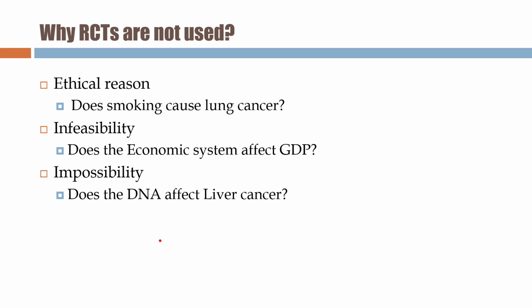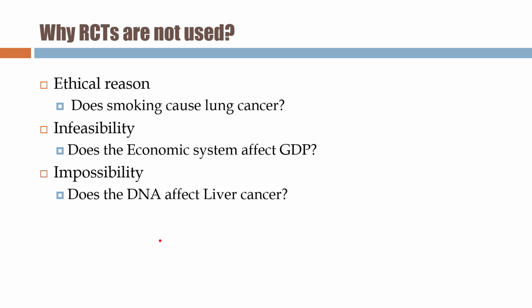That's not ethical. Another case is infeasibility: does the economic system affect GDP? You could toss a coin, and if it's heads, you will use capitalism, and if tails comes out, you will use communism. Can we assign the economic system randomly to countries?